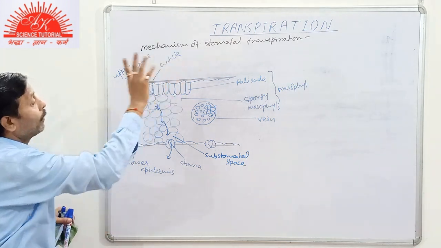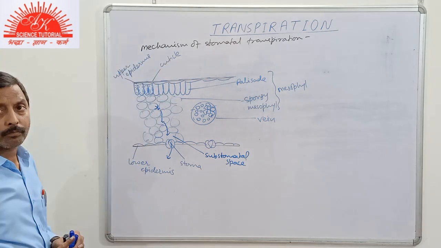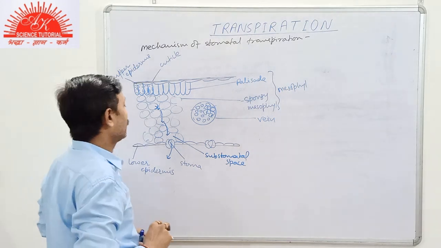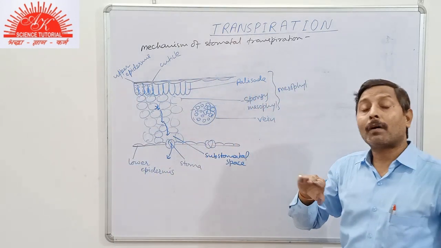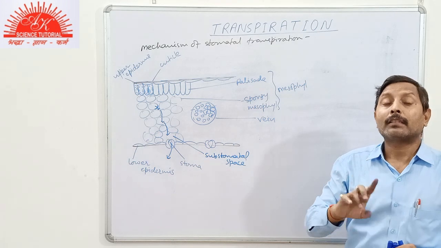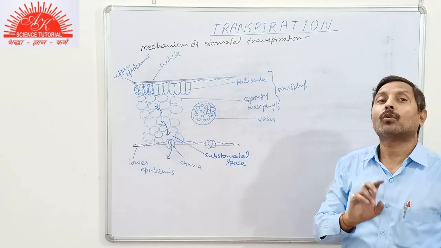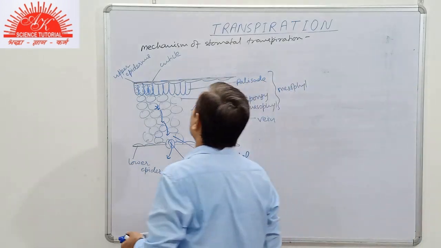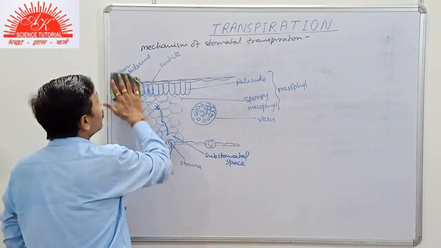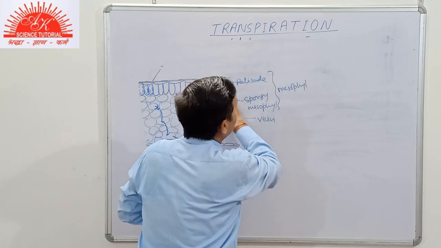So this is the stomatal transpiration. But you see, students, when stomata are opened, then the transpiration will take place. So we describe here two types of questions related to it.